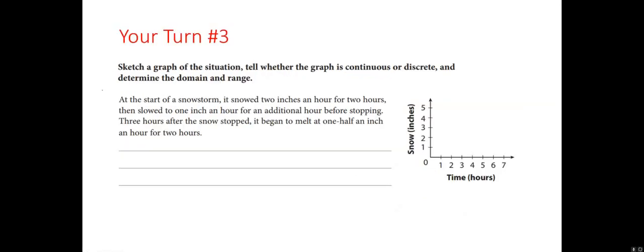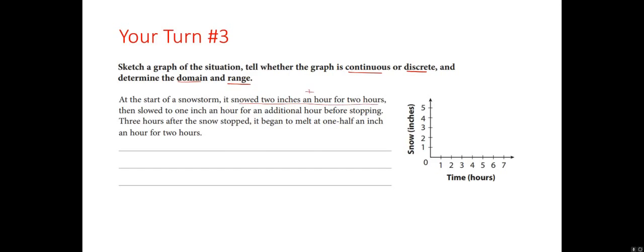Okay, your turn, number 3. So I did 2 examples, very similar to this situation. What I want you to do is determine whether this is a continuous or discrete graph, and determine the domain and range. So at the start of the snowstorm, it snowed 2 inches an hour for 2 hours, then slowed to 1 inch an hour. So notice, it snowed 2 inches an hour for 2 hours.